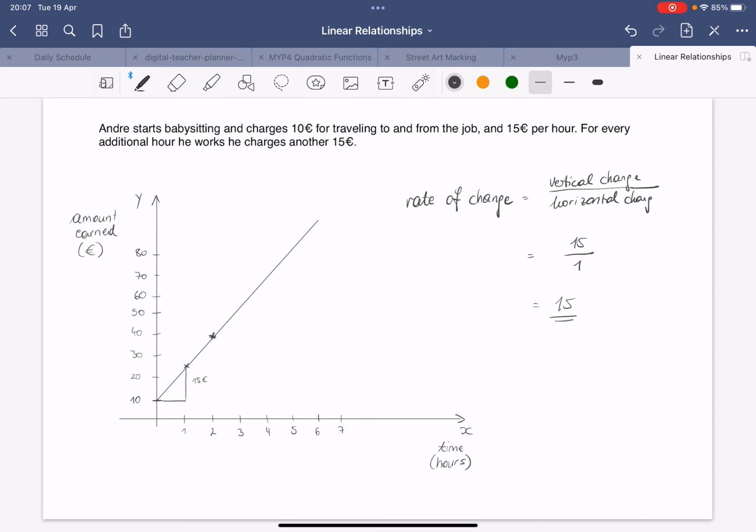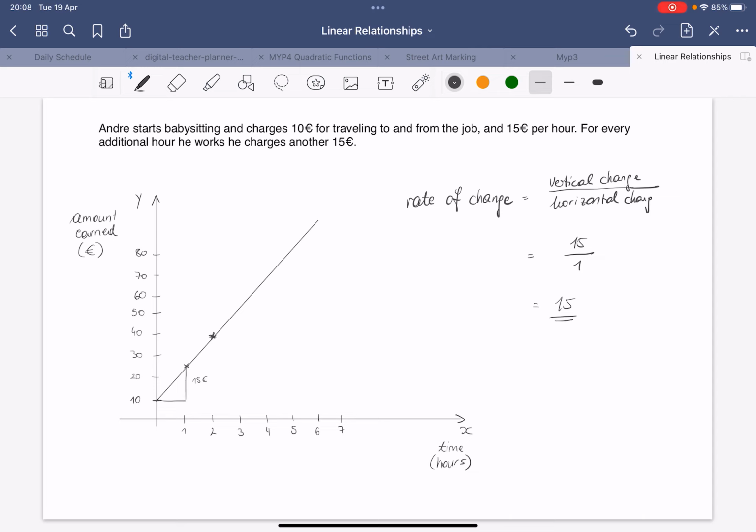So the last thing that I want you to notice here is that this is actually exactly the same way we calculated the slope of a line. And that's why the graph is a line and why we call this a linear relationship. The rate of change of a linear relationship is the same as the slope of its graph.